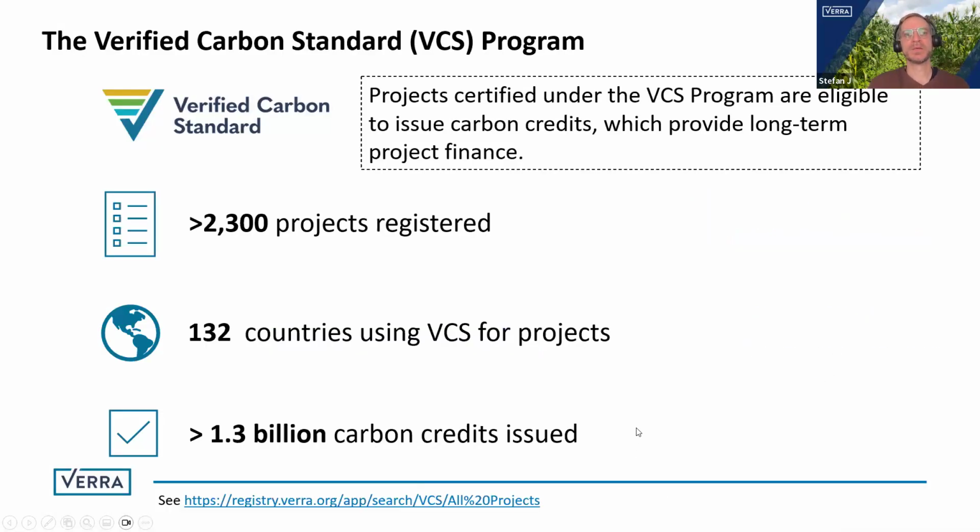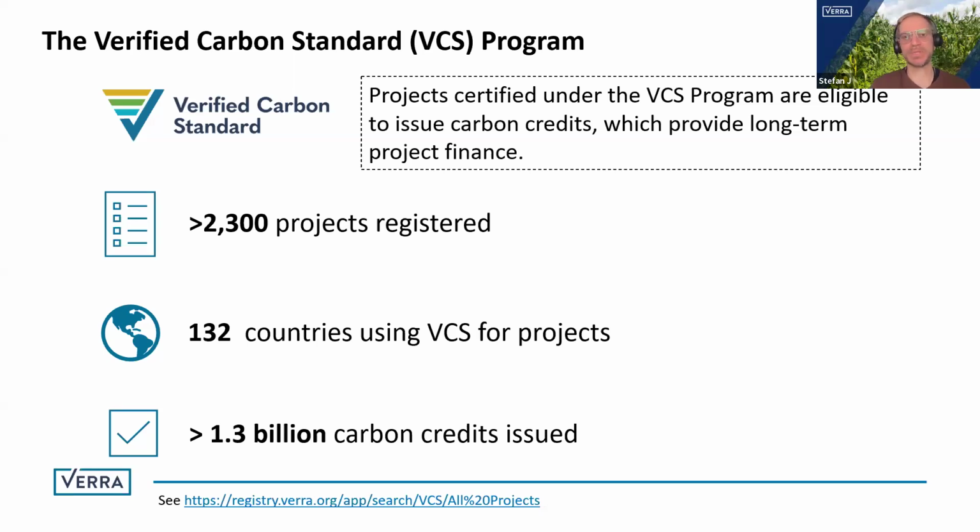Next slide. Great. So specifically on the VCS program, this is the world's leading greenhouse gas crediting program in terms of annual volume of issuance of carbon credits, which provide long-term finance to projects that are reducing or removing greenhouse gas emissions. To date, we have about 2,300 projects registered in over 132 countries and have issued over 1.3 billion carbon credits.